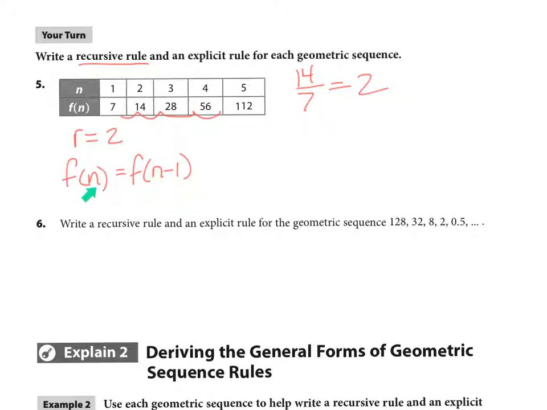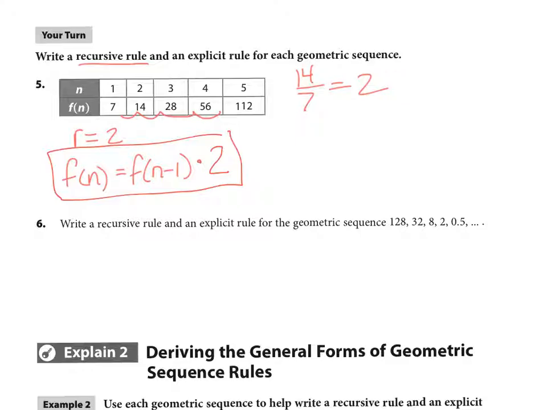It's the term before this one. And how do I get this value of the term? I take the previous term value and multiply by the common ratio, which in this case is 2. There's the recursive rule for that particular problem. That's easy. Is that all we're doing? That's what you did there.